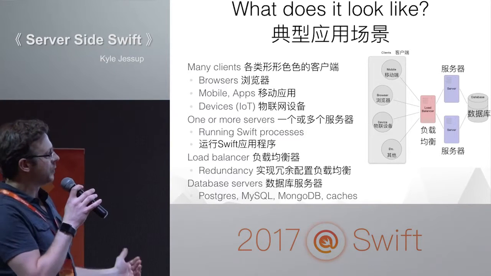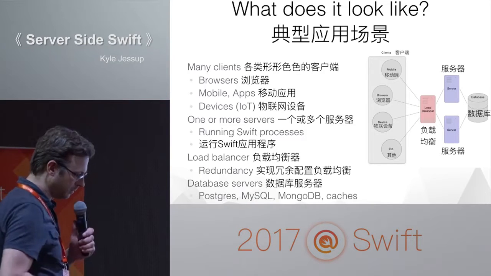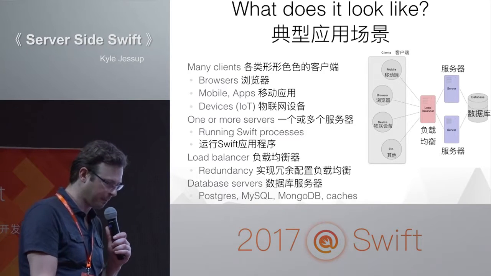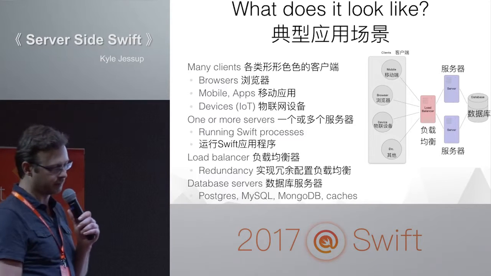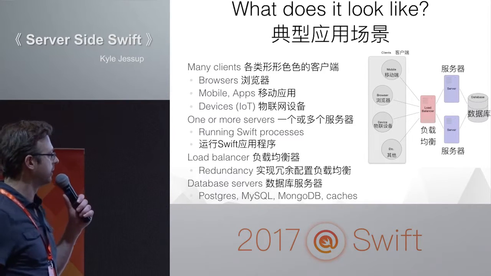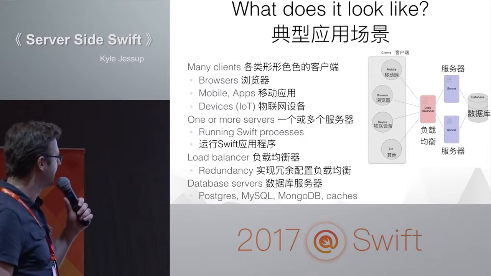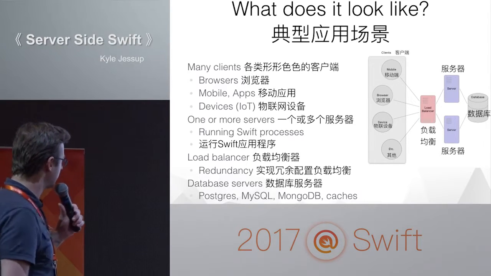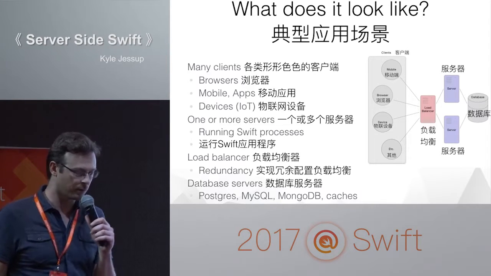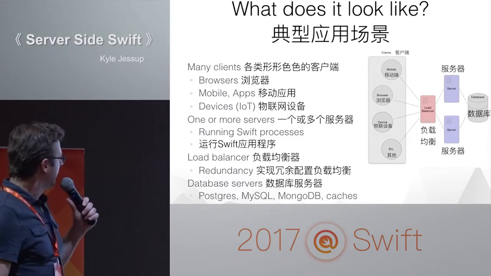And usually one or more servers. And this all becomes kind of magic as far as the clients are concerned. They could be talking to a different server every time they do a request. But it's all hidden behind load balancers or some other sort of similar system that accounts for redundancy.